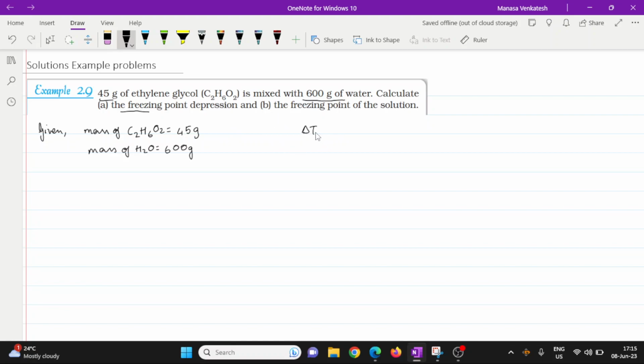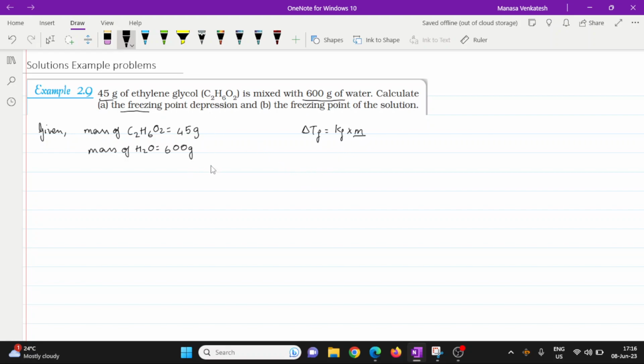So delta TF is equal to Kf into m, where Kf is the cryoscopic constant, and m is the molality. So obviously we need to calculate the molality of the solution.